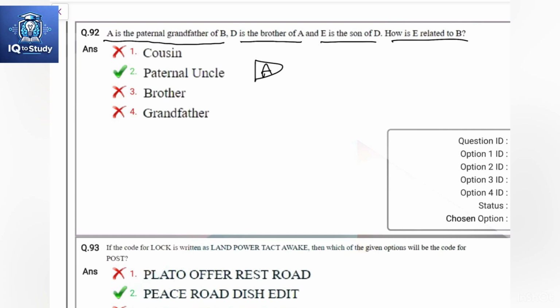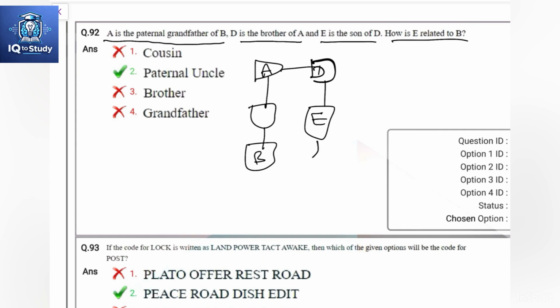According to the question, A is paternal grandfather of B and D is brother of A and E is son of D. How is E related to B? Paternal uncle.